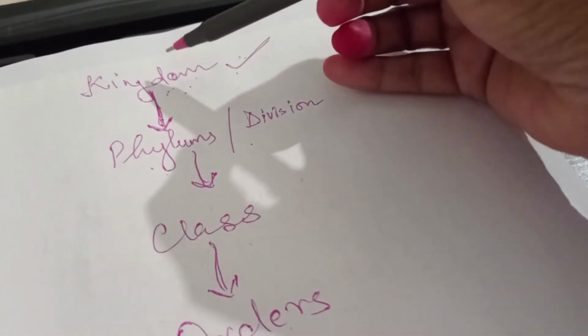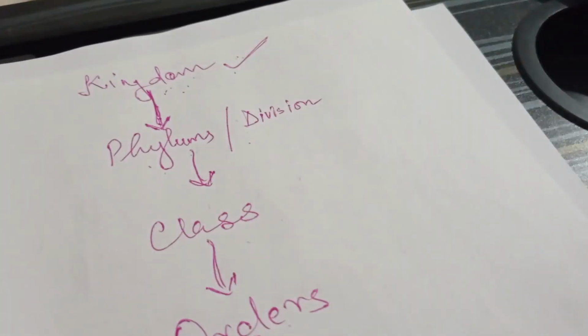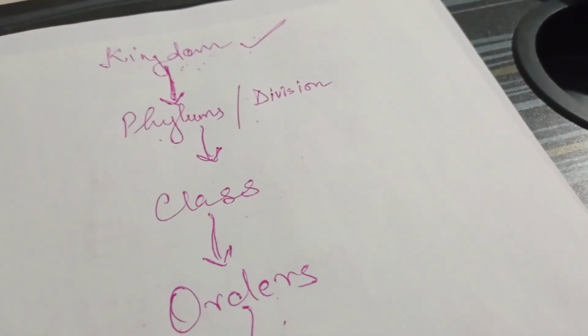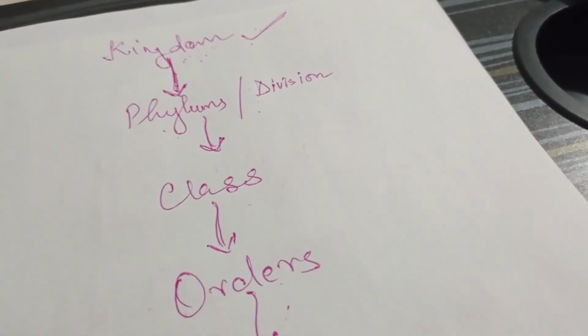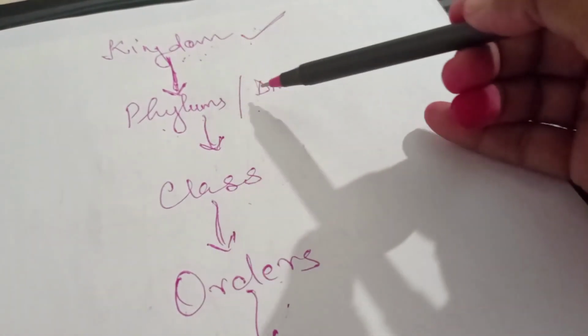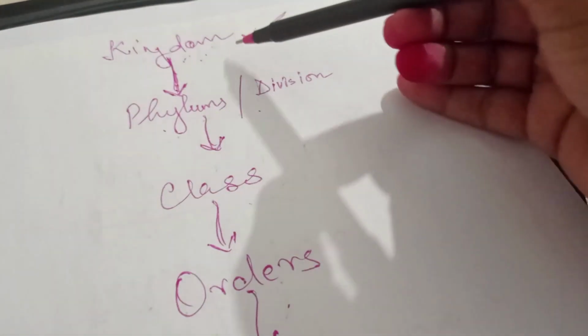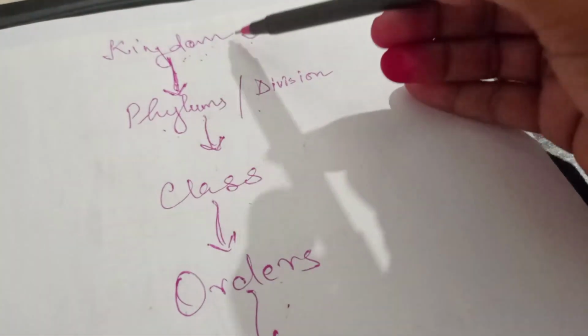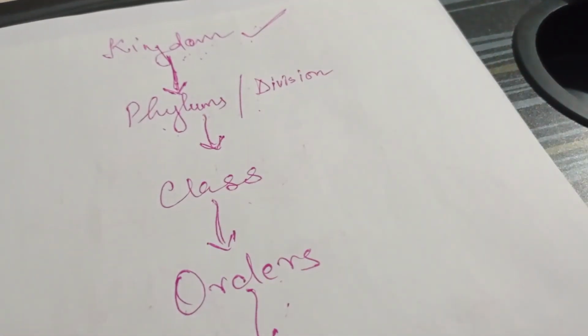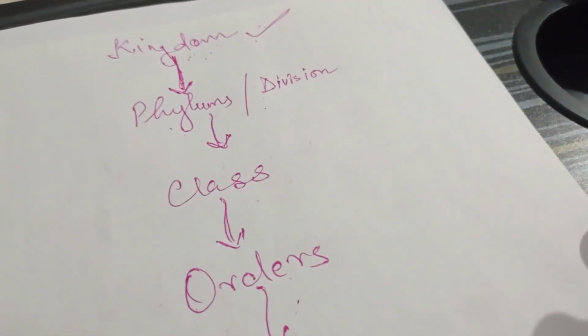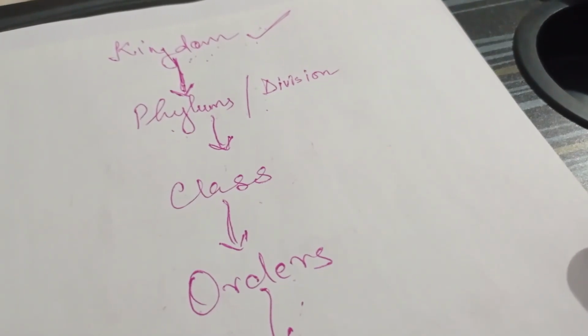So, maybe in the ascending order or descending order, the hierarchy will remain the same. And mind it, please, you have to learn them and always write them in the same order, in the same hierarchy, because it is very important in classification.